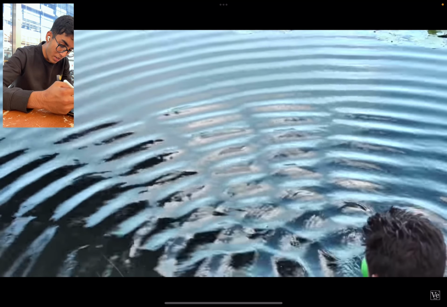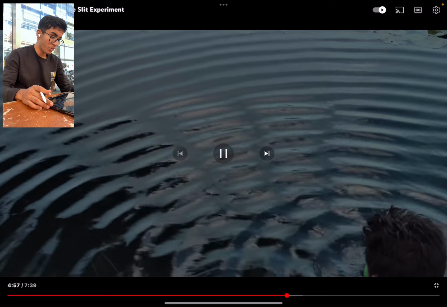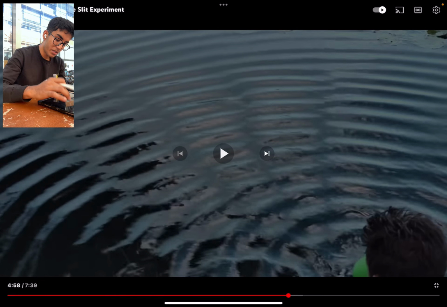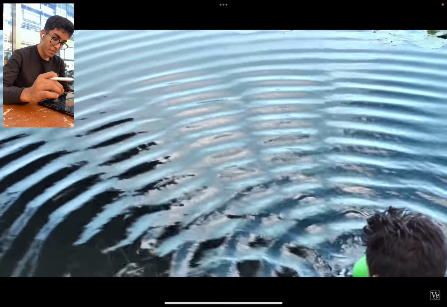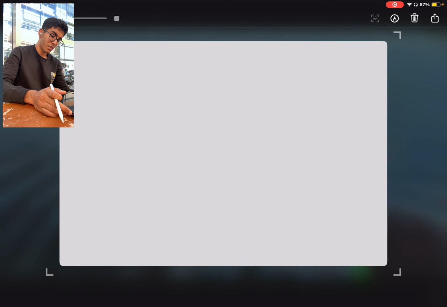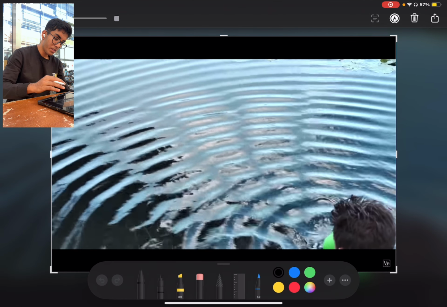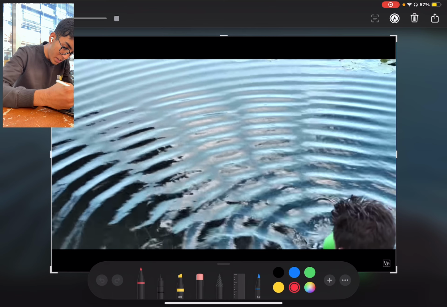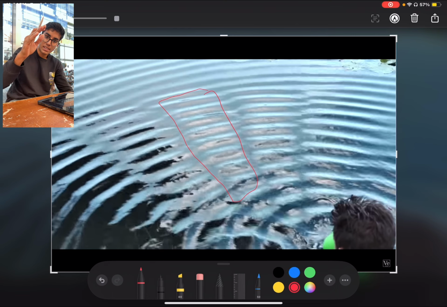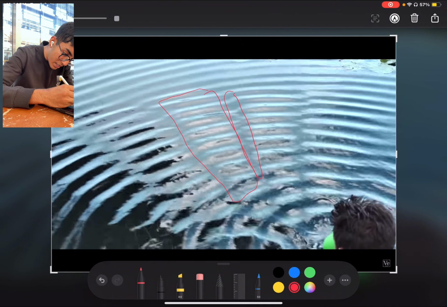You can see over here this pattern is created by two waves coinciding with each other. You can see that this area here has a higher crest than these areas here.